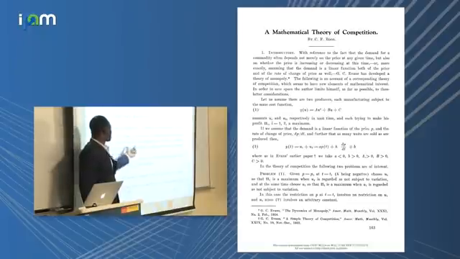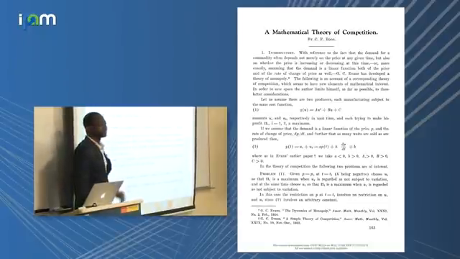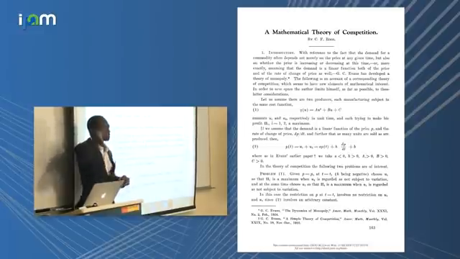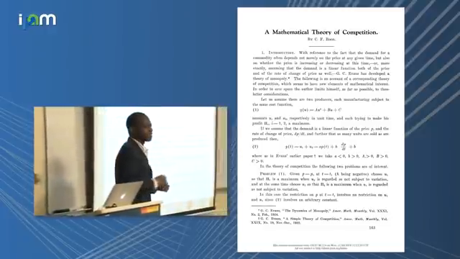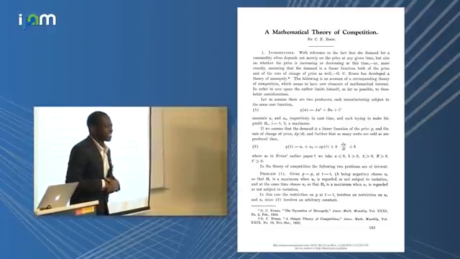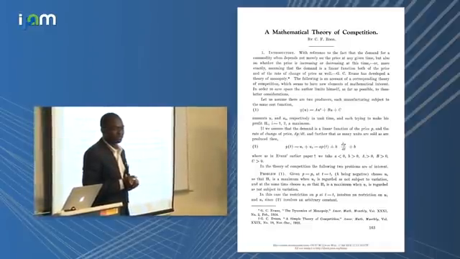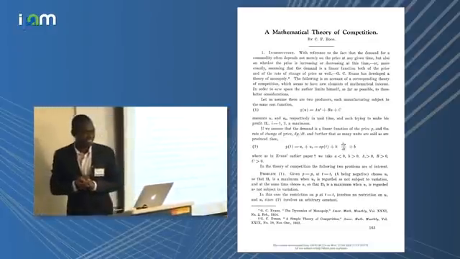And do the same thing for player 2. Player 2 is maximizing pi 2, fixing the choice of player 1. It says as not subject to variation. So it means you freeze the choice of the other player, and you are maximizing your profit. What's the difference between this and Nash equilibrium? Nothing, right? That's Nash equilibrium.